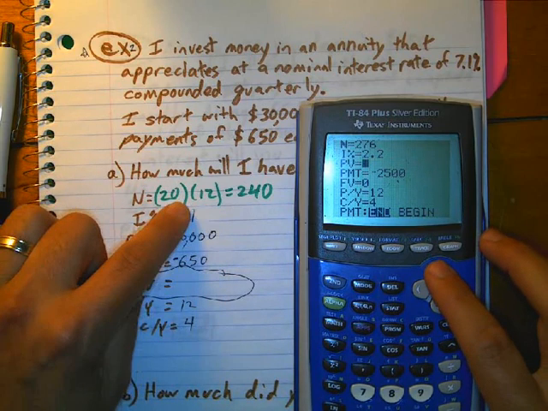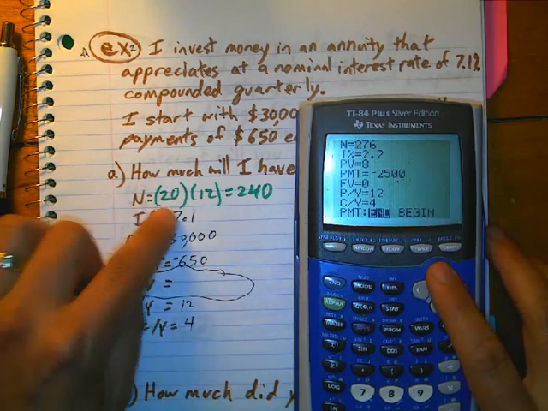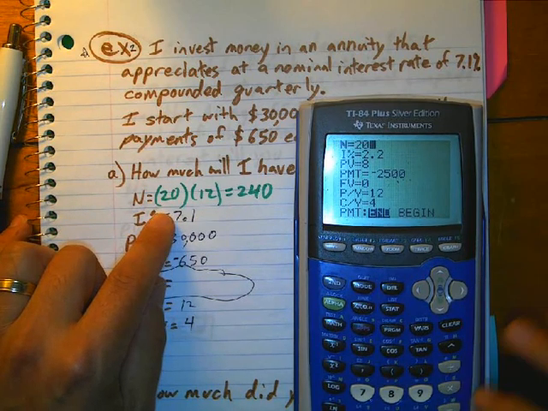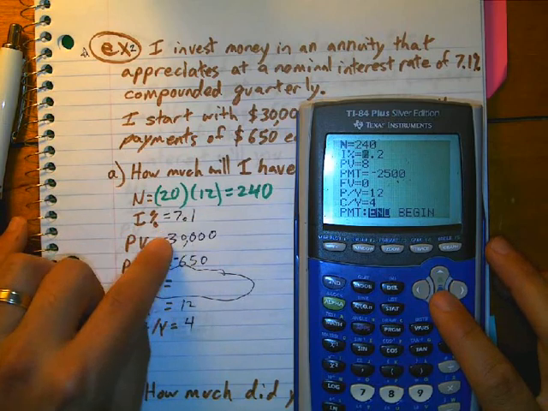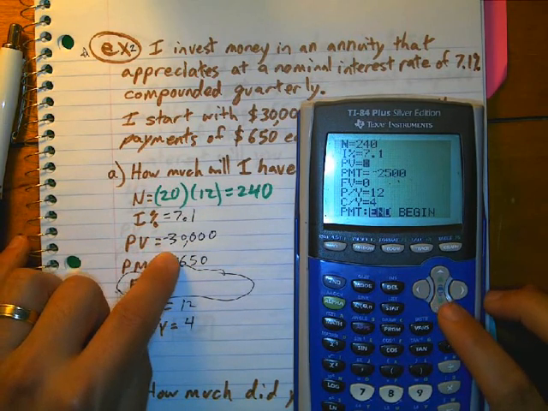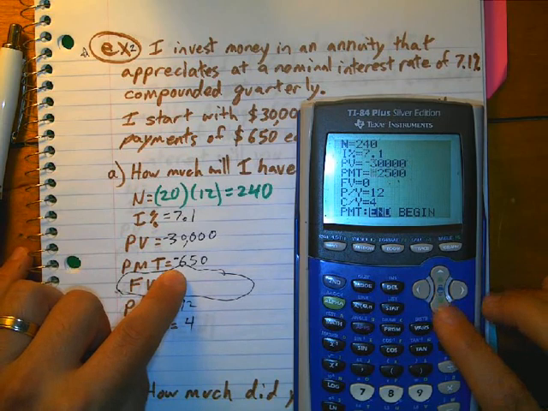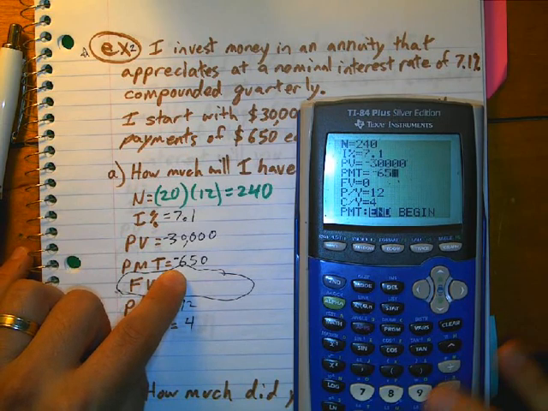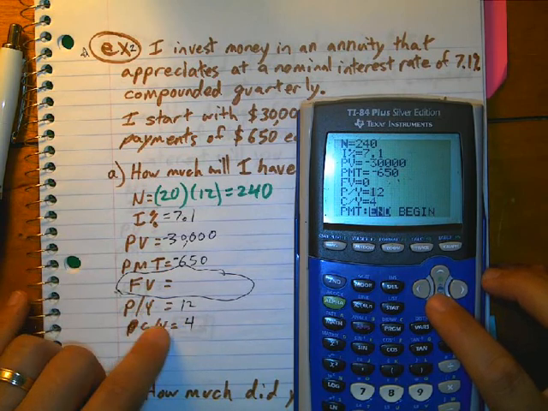So, here we go. 20 times 12, 240, okay, this is 7.1. PV is negative 30,000. PMT is negative 650. We don't know the future value yet, 12 and 4.